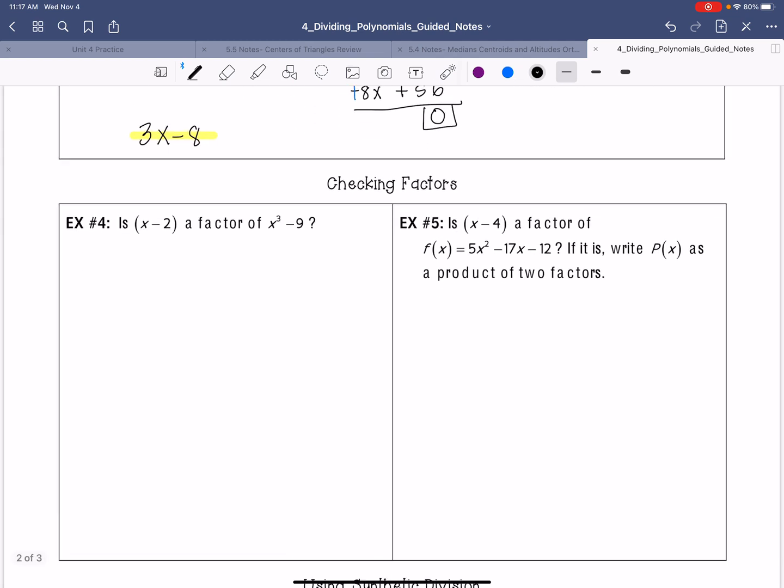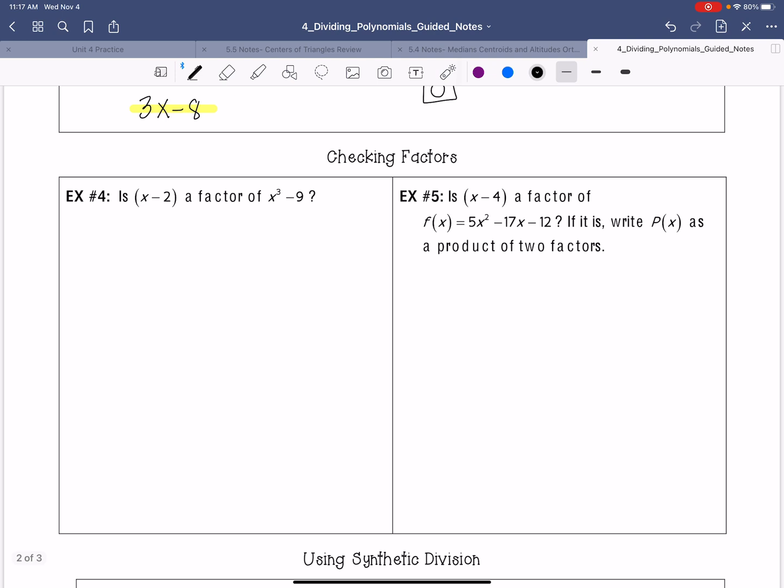All right, so now we want to know, is x minus 2 a factor of x cubed minus 9? This is that really important thing I was just talking about above. I go from x cubed to a constant. I have a lot of missing terms. So x cubed minus 9 has missing terms, so you must put in placeholders.